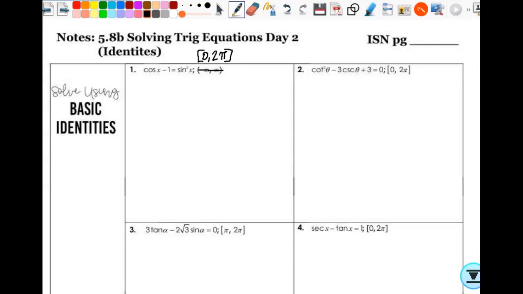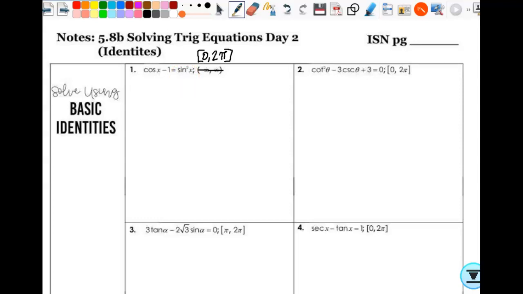All right, so let's look at what we've got here. I've got cosine of x minus 1 equals sine squared x. If I want to solve that or factor it in some way, I'm going to have to do something to it, because as it is, there's nothing I can do. But if I'm looking for identity stuff and I have a squared, I want to look at my Pythagorean identities, right?